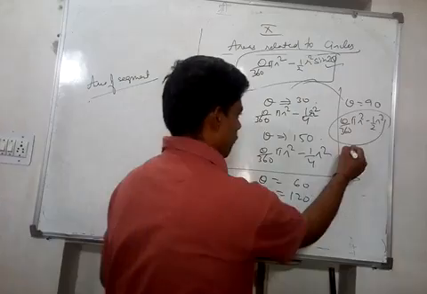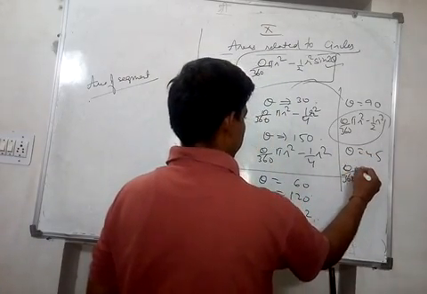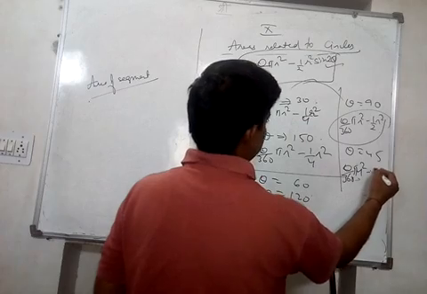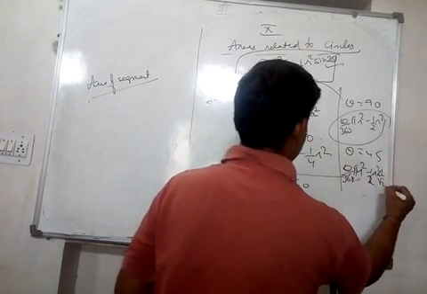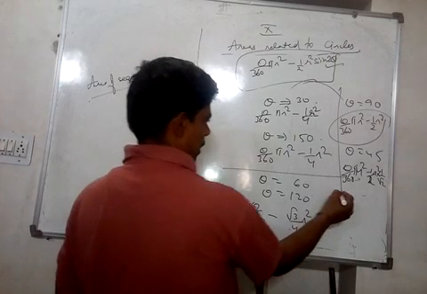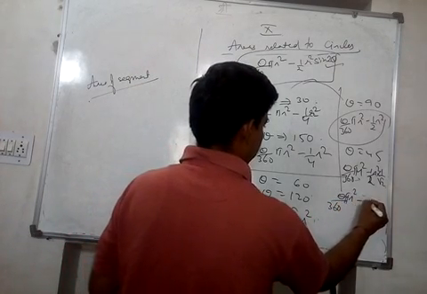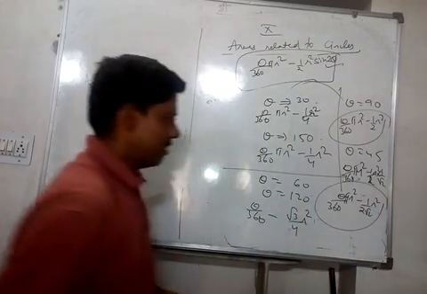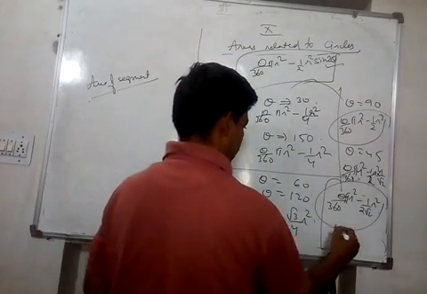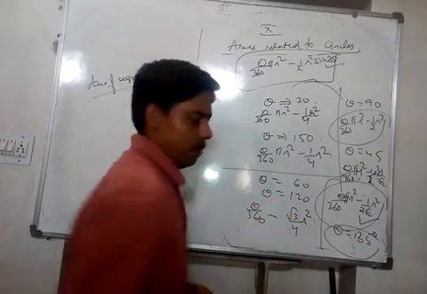And for theta is equal to 45 degree, it is theta by 360 pi r square minus half r square into 1 by root 2. So that is 2 root 2. So theta by 360 pi r square minus 1 upon 2 root 2 r square for 45 degree, and for theta is equal to 135 degree also we can use this formula.